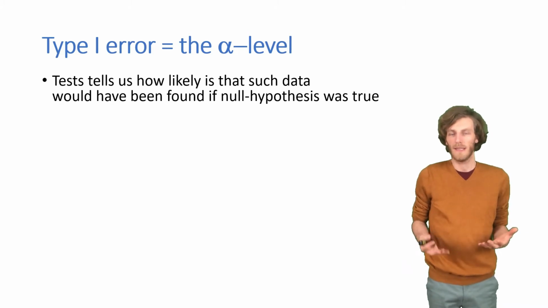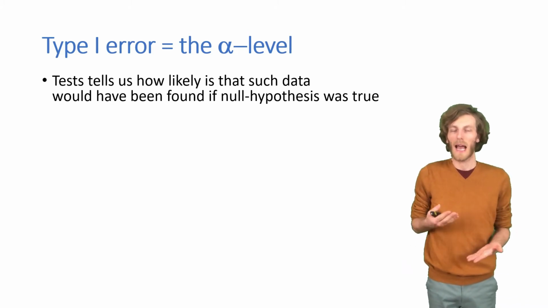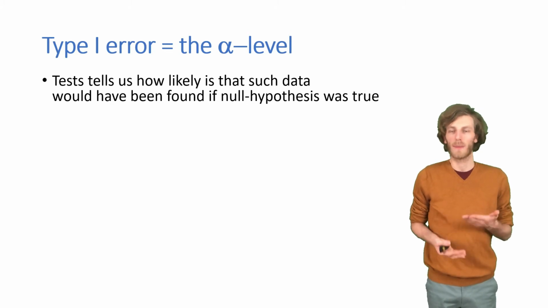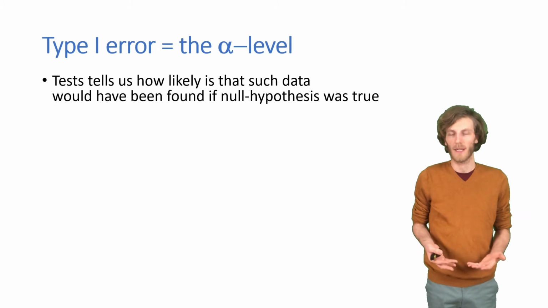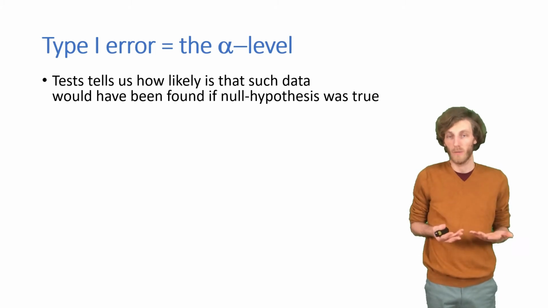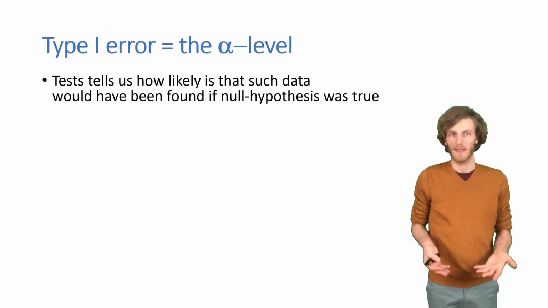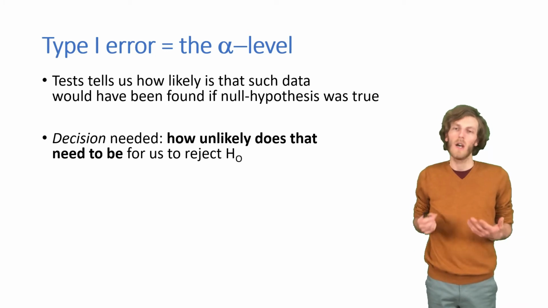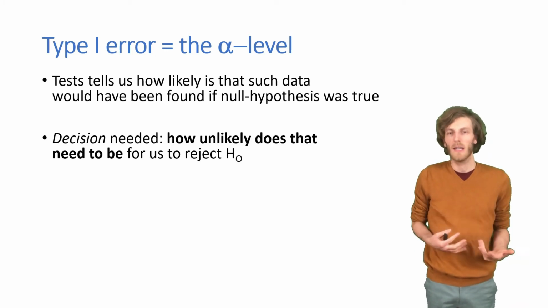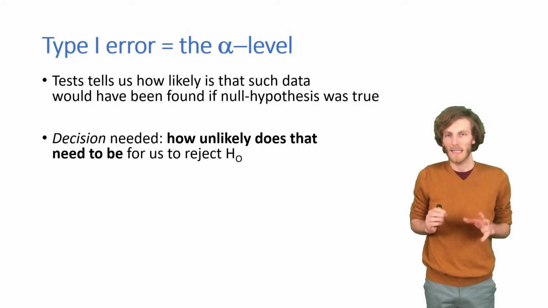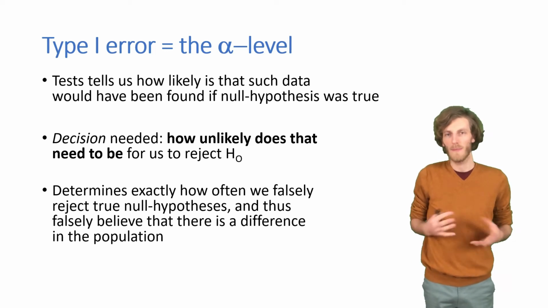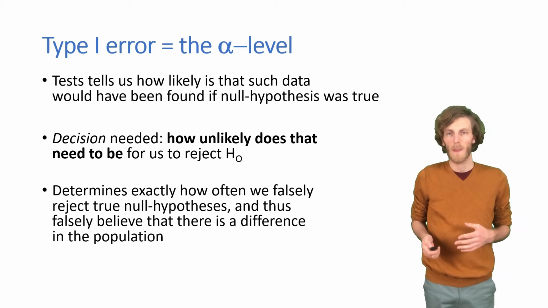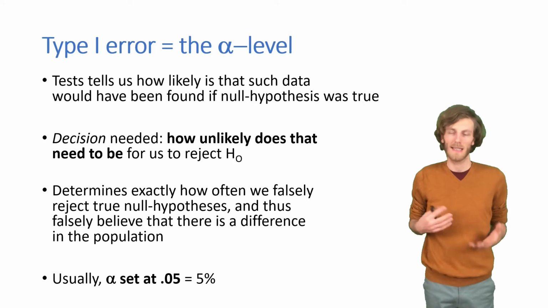And then we need to decide how we want to interpret that probability, because that determines how many type 1 errors we commit and how often we correctly accept that nothing is going on. So we need to make a decision, and we need a criterion for the decision. And the way we set up that criterion determines exactly how often we make type 1 errors. Usually we set it at 5%.